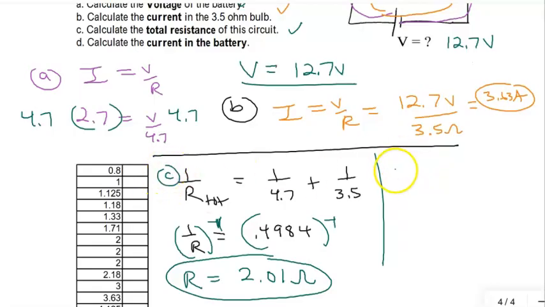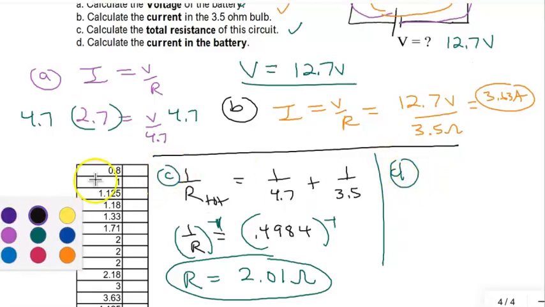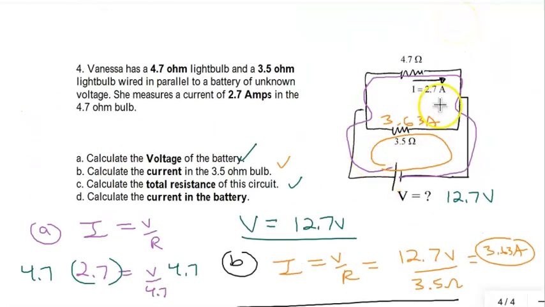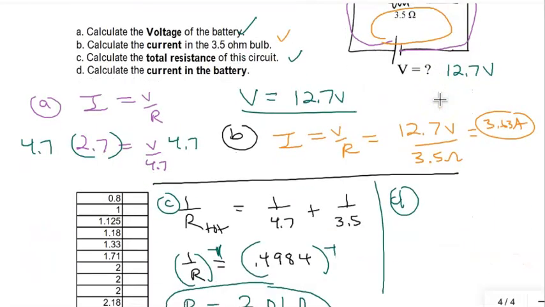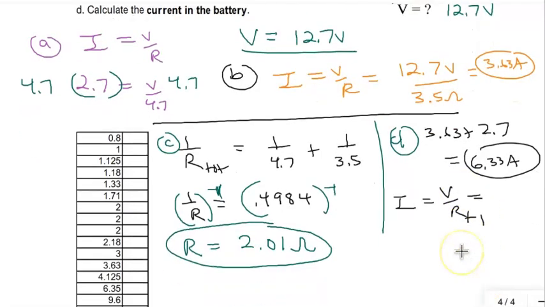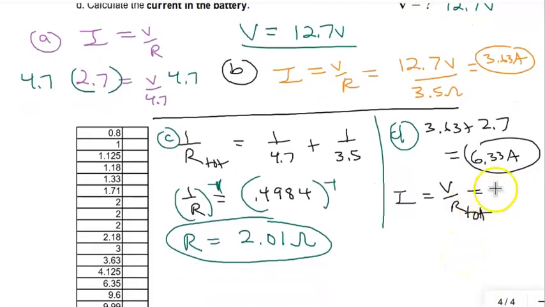That was C. D is find the current in the battery. 2 ways to do it. You could take 3.63 plus 2.7 equals 6.33 amps. Or you could say the current is the voltage over the total resistance. Sorry, I'm at the corner of my drawing.